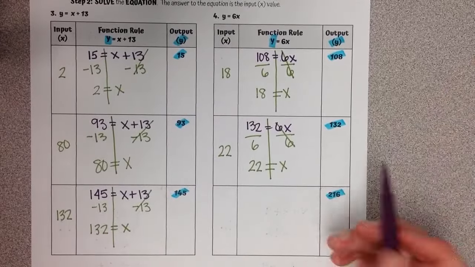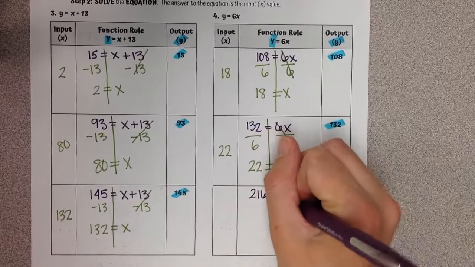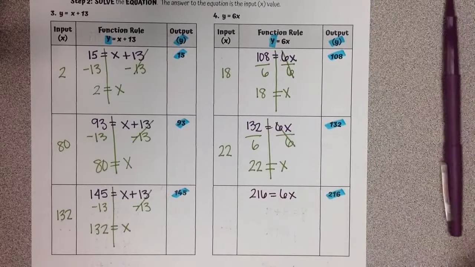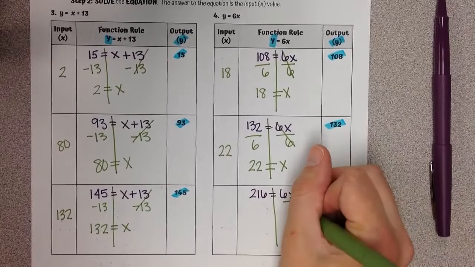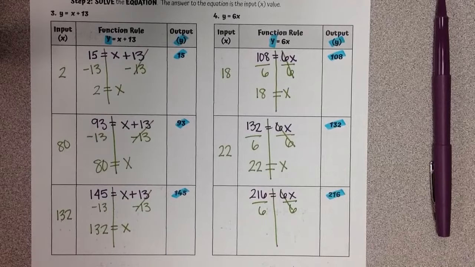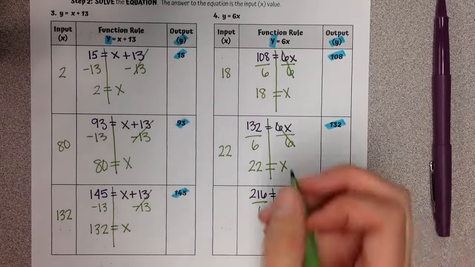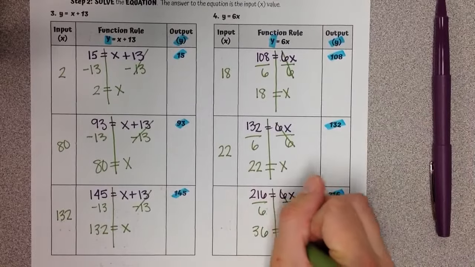And one more. If y is 216, let's plug that in for y equals 6x. Now let's go ahead and solve. x is being multiplied by 6, so the opposite is to divide by 6. 216 divided by 6 is 36.